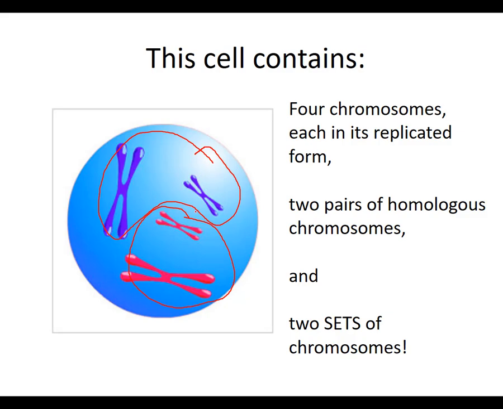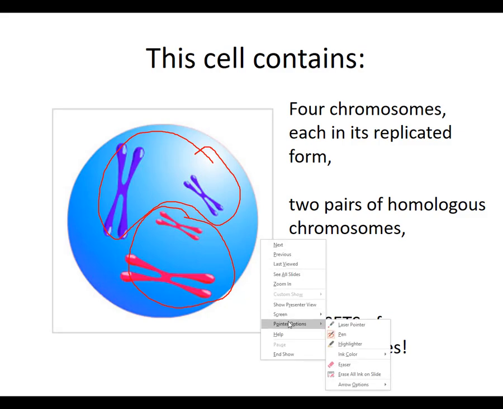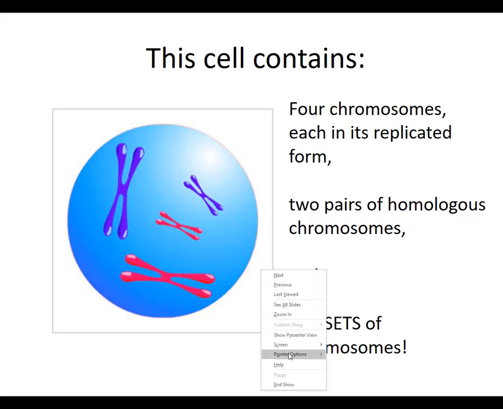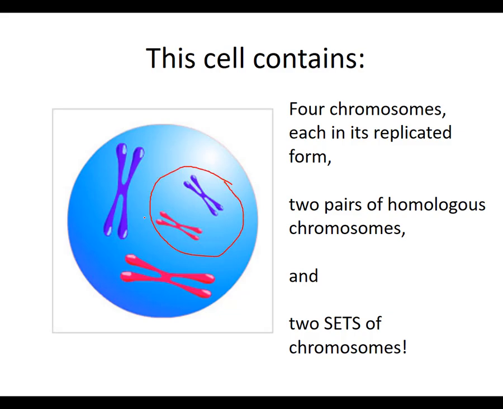All right? So let's do that again. A pair are 2 that are alike. So we have this pair and this pair.